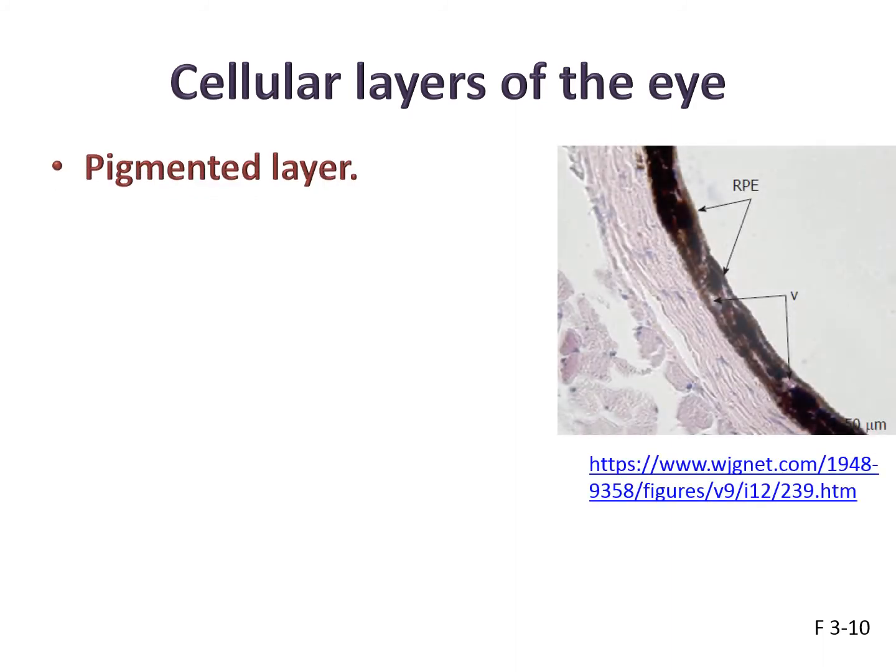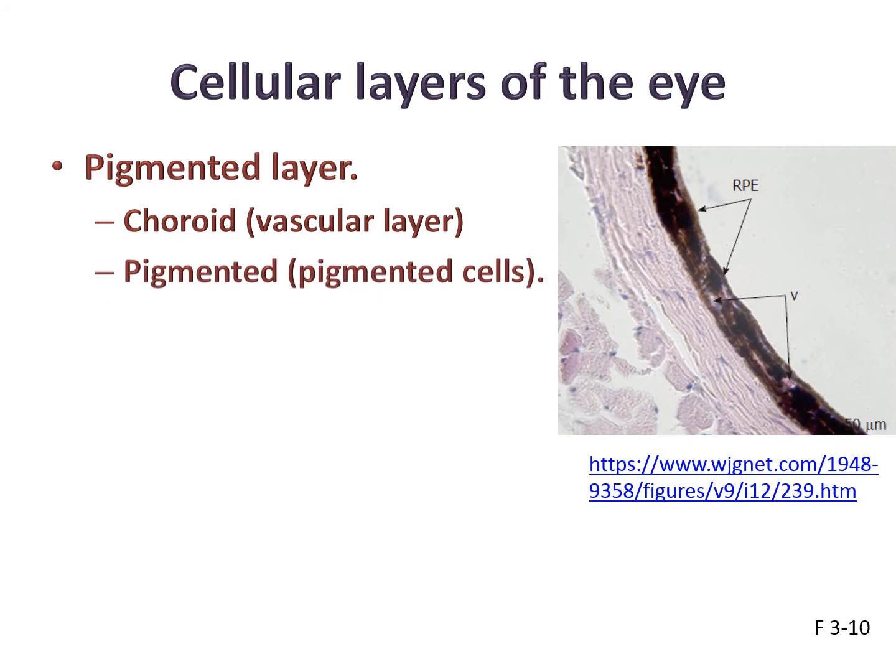There is a pigmented layer that contains the choroid, or the area where all vascular tissue is located and irrigates the eye from there. Also, pigmented cells which transfer nutrients and oxygen to the retina are located here. They are called pigmented cells because these cells contain a dark pigment which prevents excessive scattering of the light, thus sharpening vision.